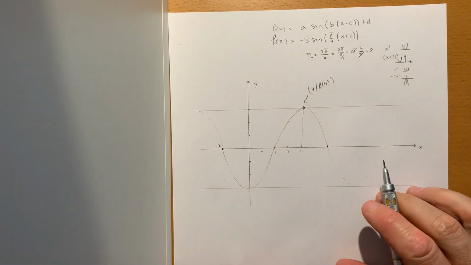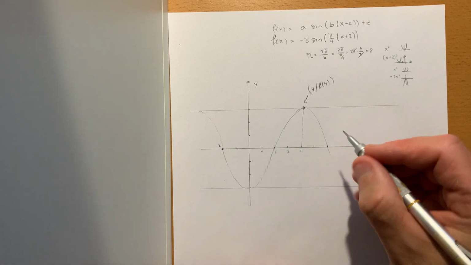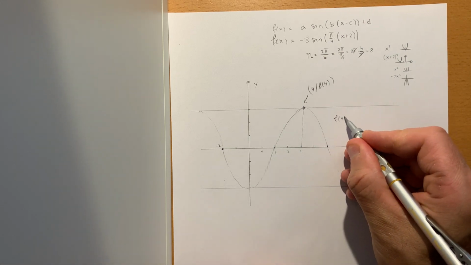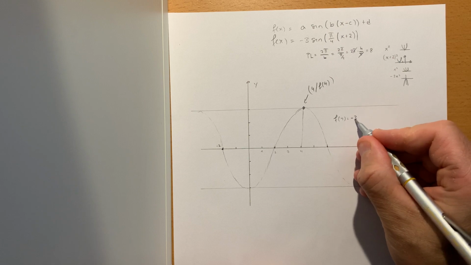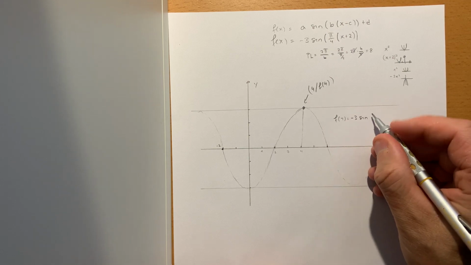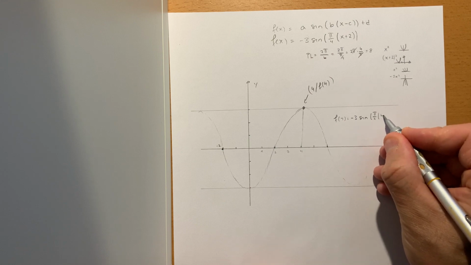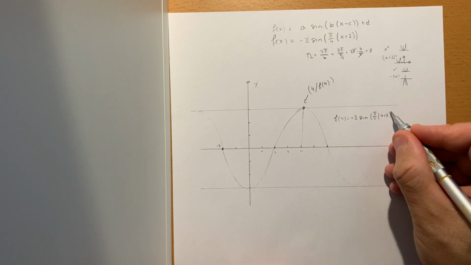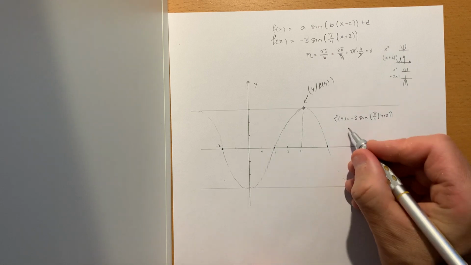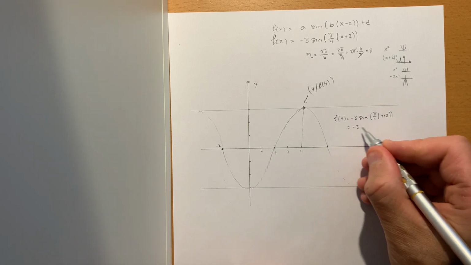Well, work it out algebraically. That's easy. f of 4 is minus 3 sine of pi quarters times (4 plus 2). We can do this mentally.